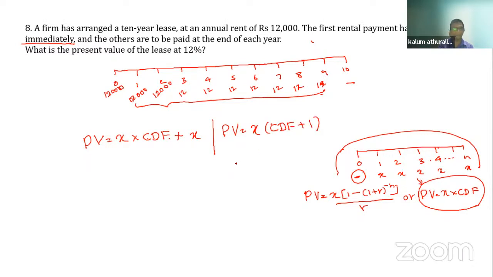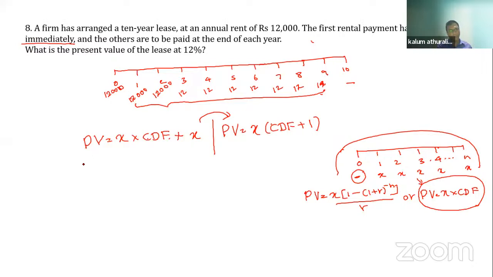Both are the same. We take x as a common factor, then the formula is this. Add 1 to the CDF figure and multiply by x, to include the immediate payment at the present value.